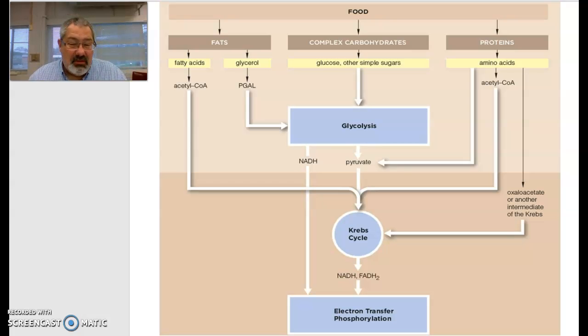So it is possible for different macromolecules to be oxidized to release ATP energy, primarily in electron transport chain, step 3. But you might notice the most efficient macromolecules to go through the process are carbohydrates, glucose, and other monosaccharides.